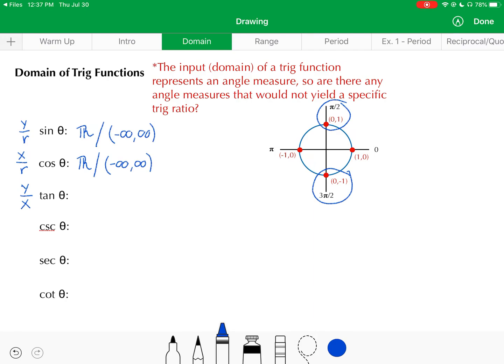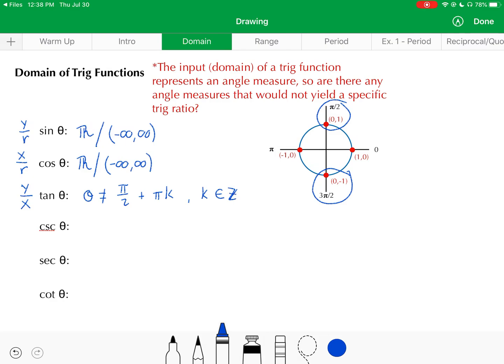So here's how I'm going to write this. I'm going to say that the domain for tangent would be any value of theta as long as it doesn't equal pi over 2 plus any multiple of pi. So I'm saying pi over 2 plus pi k, where k represents an integer.